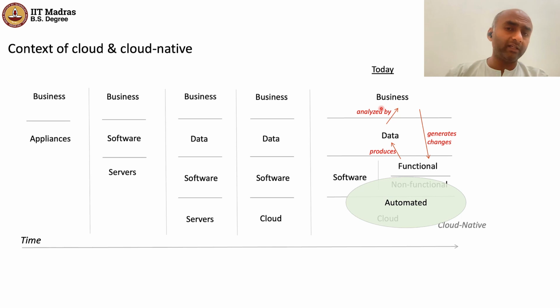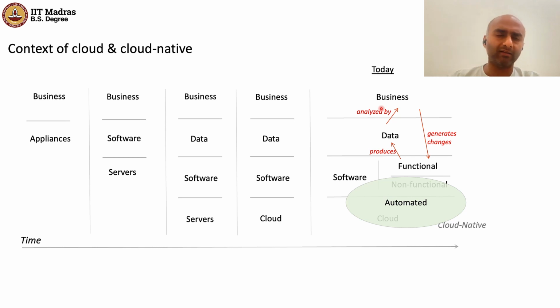So with cloud native, what has happened is the non-functional side of the software and its dependence on the cloud, and its independence of the cloud, let's put it that way, that is automated. So now, if you write the non-functional part of a software using cloud native principles, you could automatically take it and run it at large scale, run it on AWS, run it on Microsoft, or Google for that matter, does not matter. It just works out of the box.